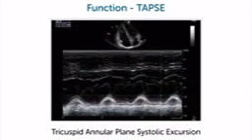Yes, but function, as we told you, is also measuring this TAPSE, so this tricuspid annular plane systolic excursion. We do it with the M mode, as you see here, and the normal value is above 16 millimeters. Let me show you exactly how you measure here.